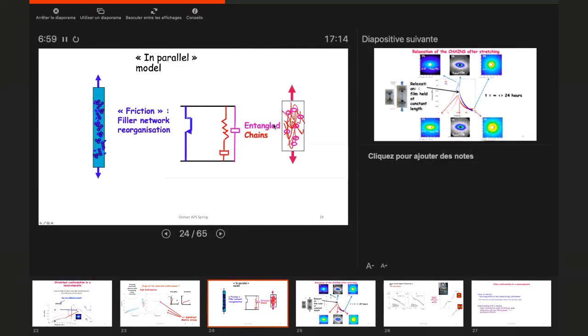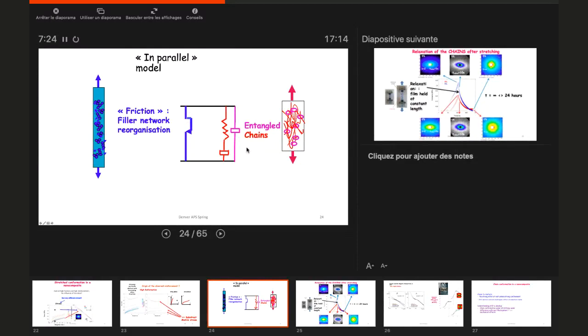In principle, the very naive, oversimplified picture is that this part is always the same. So the way the chains are deformed is always the same, whatever this friction part is here. The deformation of a chain is completely disconnected from this filler contribution.